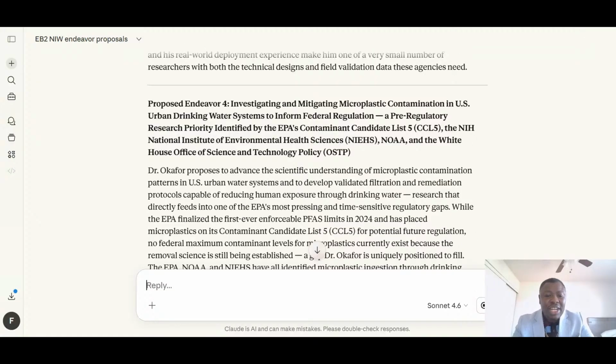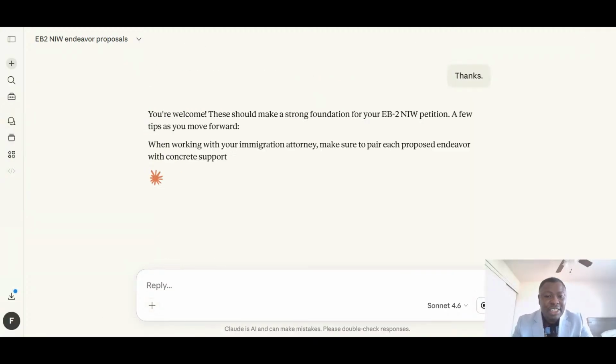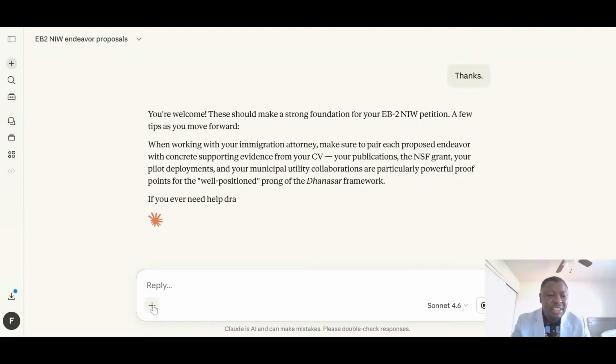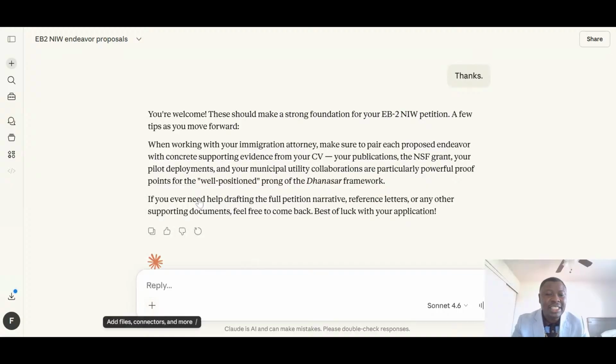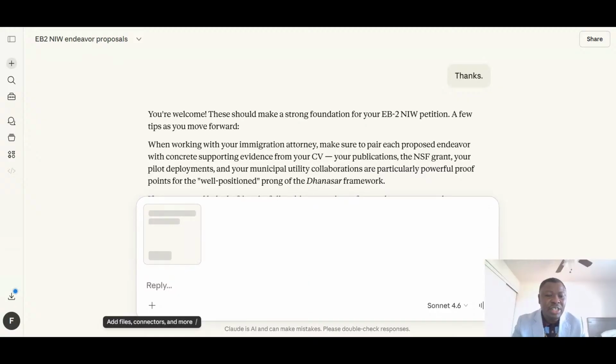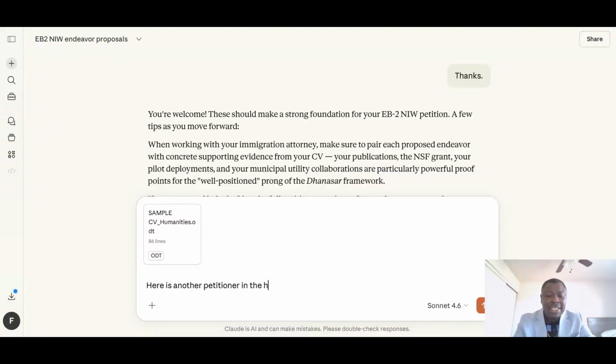Now let's look at another profile. That was a scientific CV, a CV from someone in the sciences. Now let me look at someone in the humanities. Here is another petitioner in the humanities.